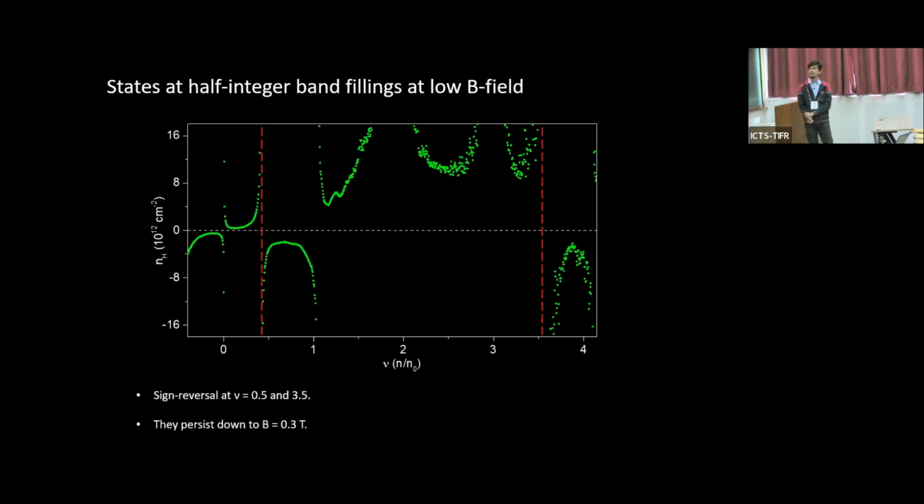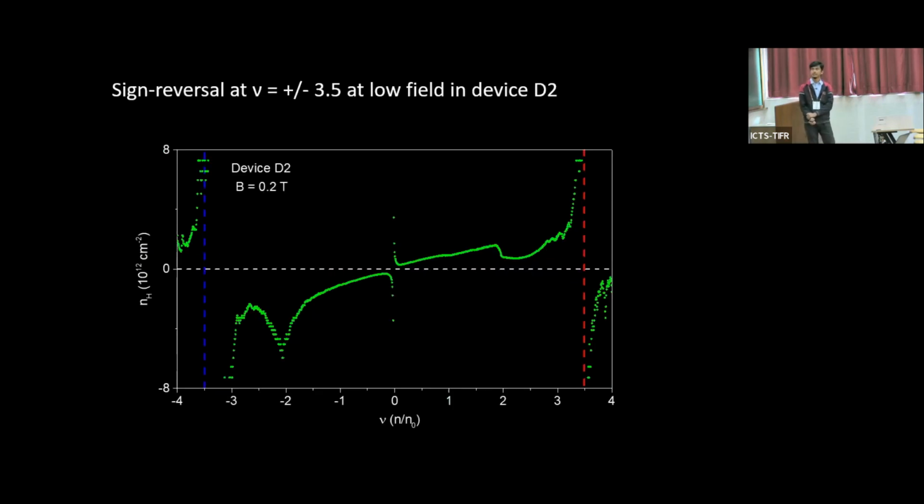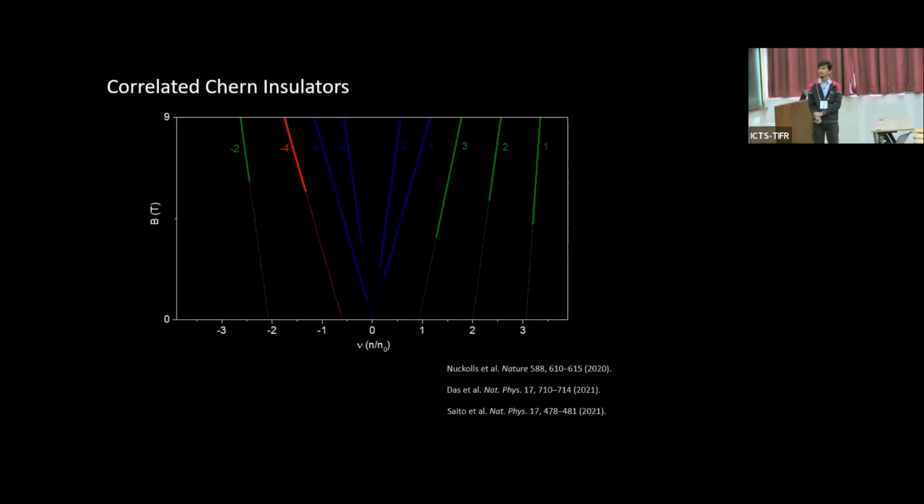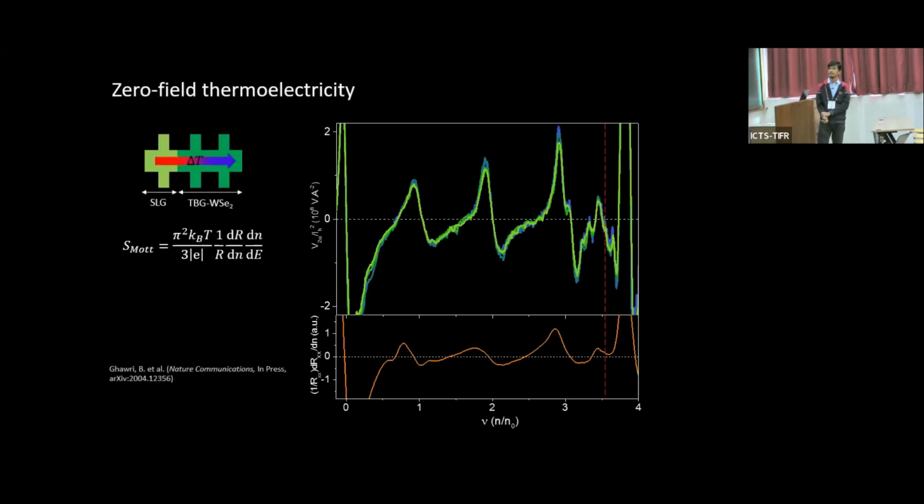Yeah. So basically, the Hall measurement is governed by the topology of the Fermi surface. But in thermopower, the mechanism is slightly different. It is governed by dR/dn. Whenever you see a peak in resistance, you can expect a sign change in thermopower, because of this dR/dn term. We see peaks at all integer fillings, so there is a sign change in dR/dn, but the Hall resistance is governed by the topology of the Fermi surface and the correlations in the system.